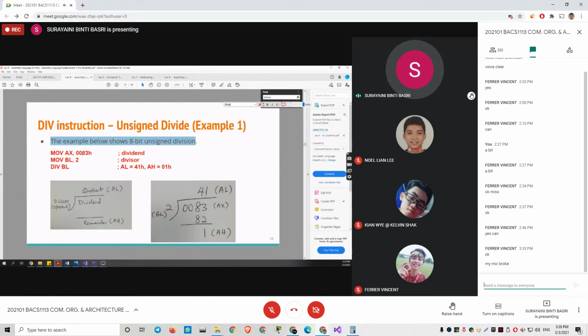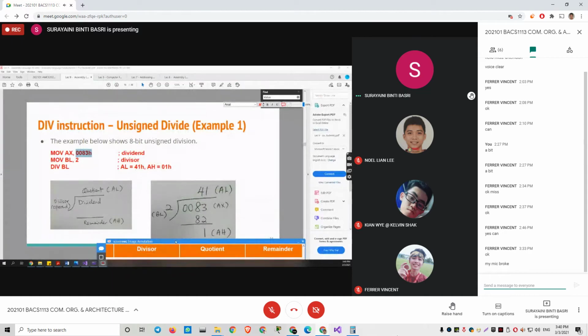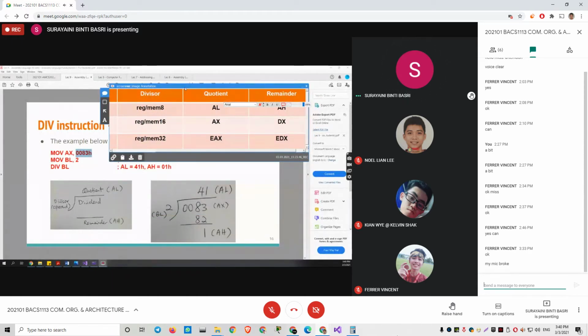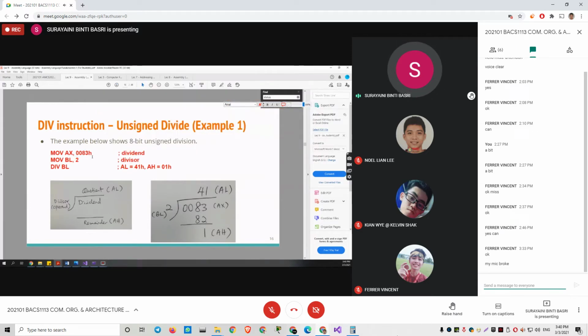First we need to store the dividend value in your AX. For 8-bit, the dividend is stored in AX, so we need to put something in AX. After that, we move the divisor value to your BL.